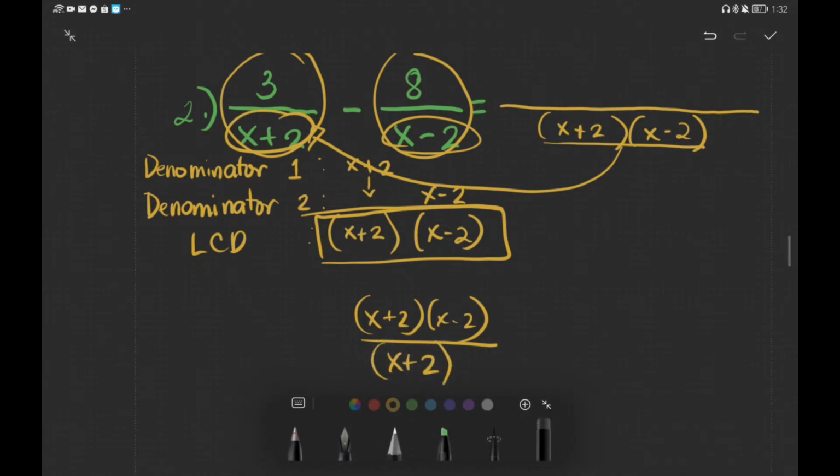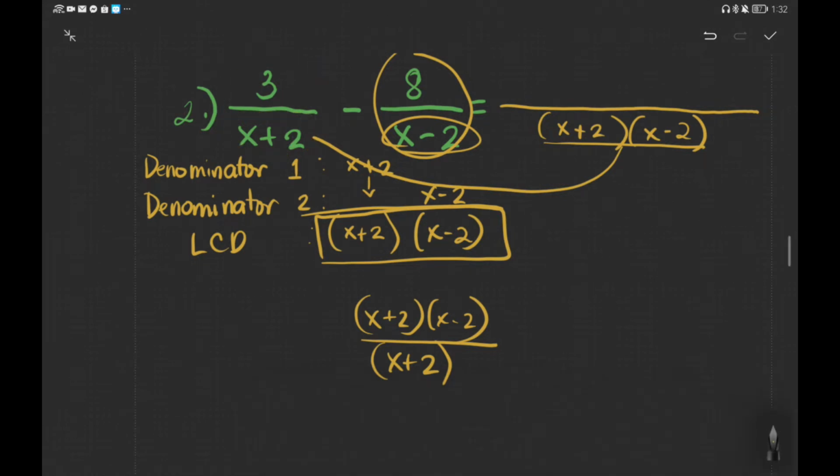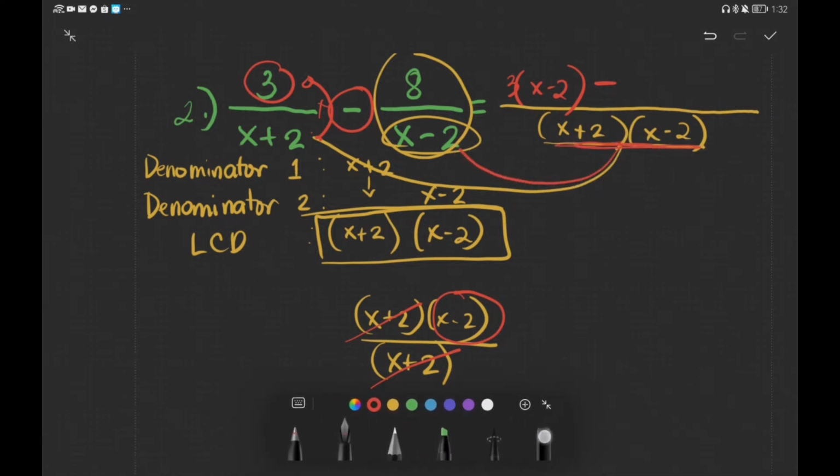Since parehas sa duha si x plus 2, we can cancel that out. Ang mabilin si x minus 2. Si x minus 2, i-multiply na diri ni 3. So that is 3 times x minus 2. And we copy the subtraction symbol. And also, same sa gibuhat sa first, i-multiply diri. Let's clean this first.